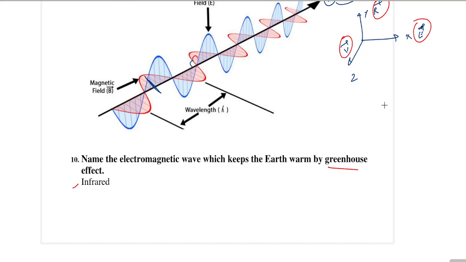Just write each radiation, for example gamma radiation, X-ray radiation, or ultraviolet. Write the radiation name and at least two uses of each of these, because they may ask you even a 2-mark question based on this. So for all the waves given, write two uses of each and learn it, because this is a potential question. The answer here is IR or infrared radiation.